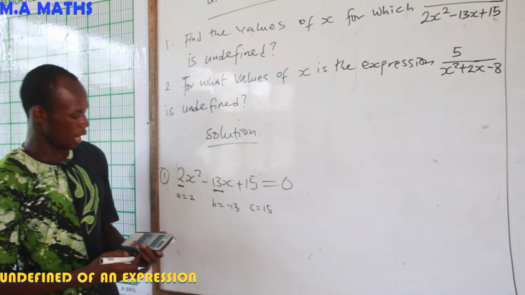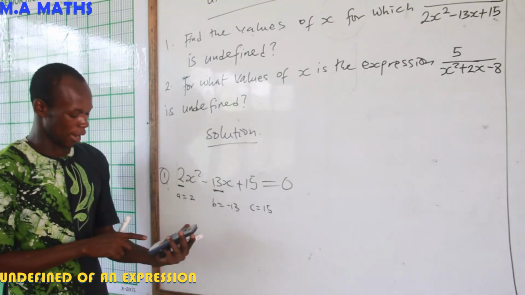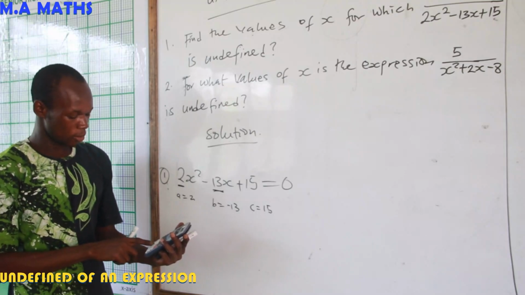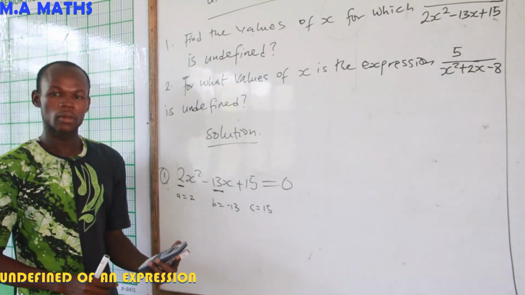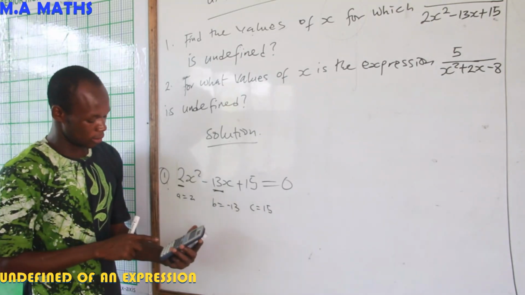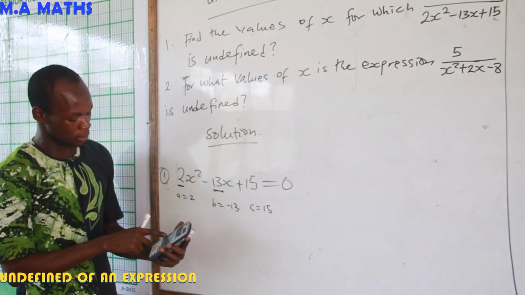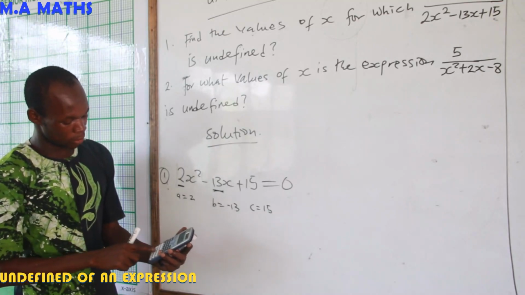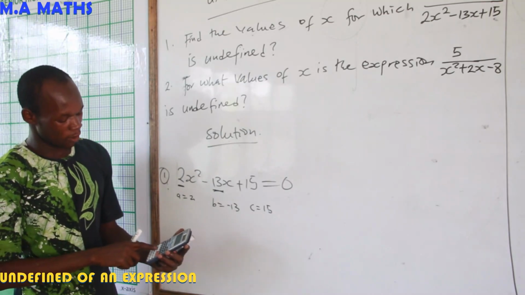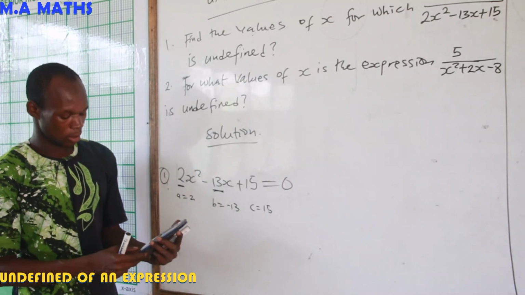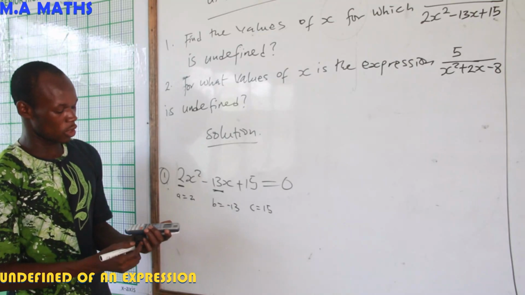So on your calculator, press 2 for A, then the equal sign, then negative 13, equal sign, then 1, 5, and equal sign. You then press an equal sign to see your answer.